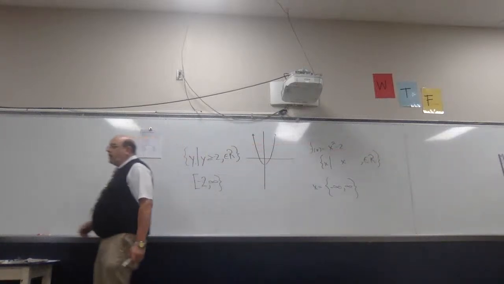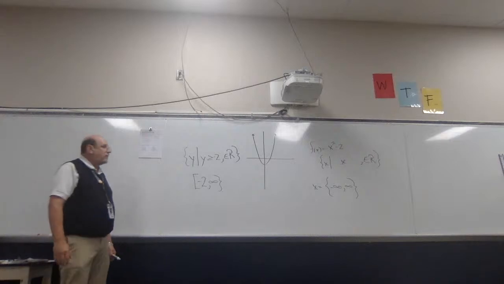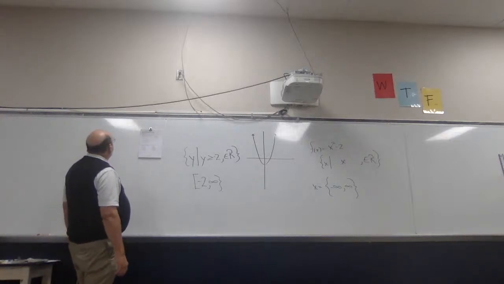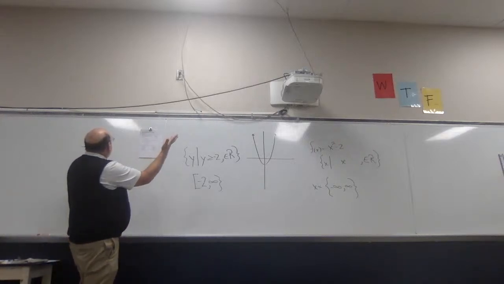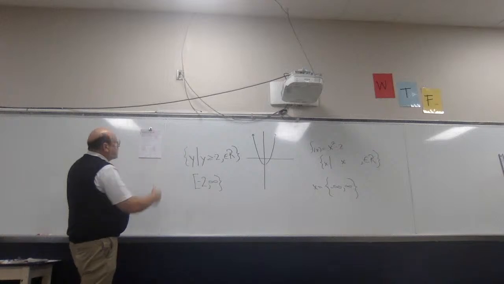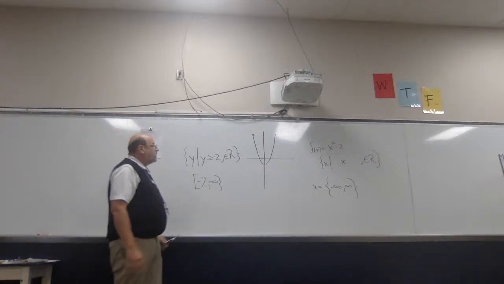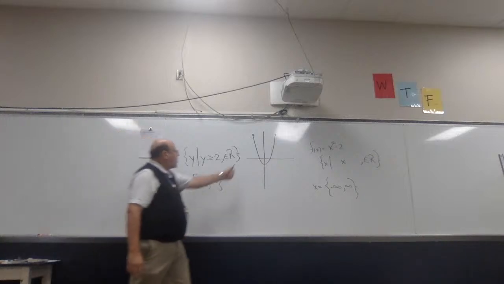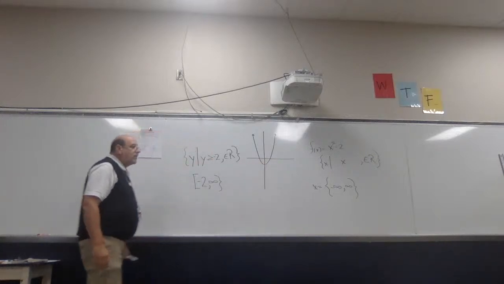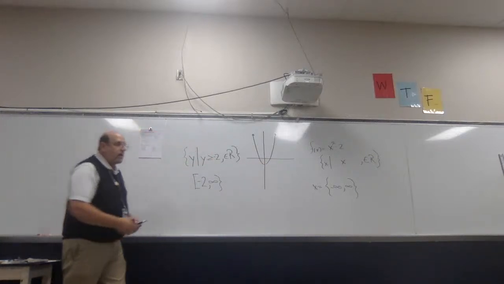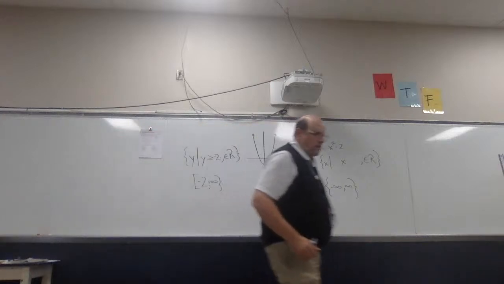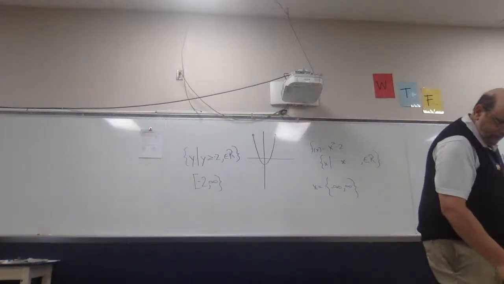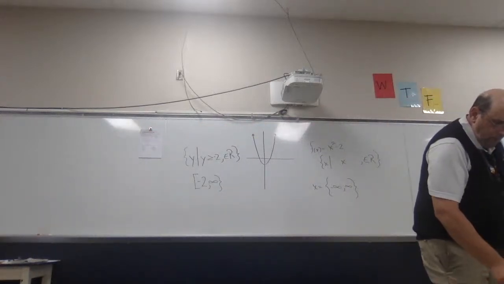So we know something else about it. We're not even talking about zeros. Oh, we are talking about zeros. What zero are we talking about? Where it crosses the x-axis.